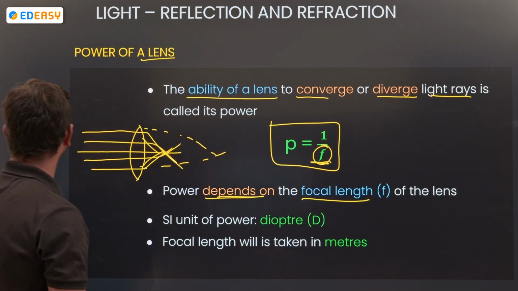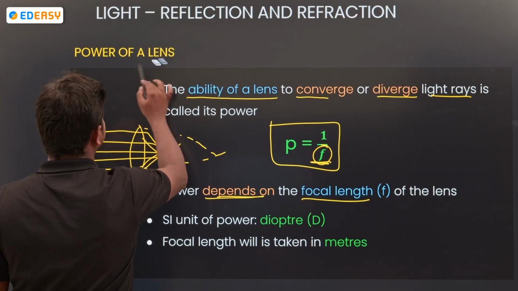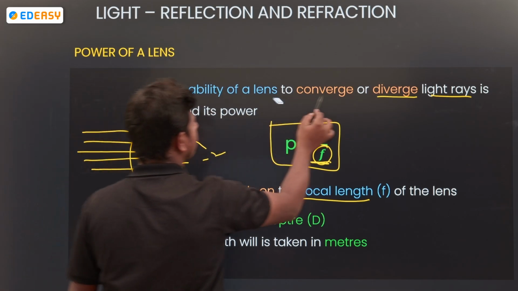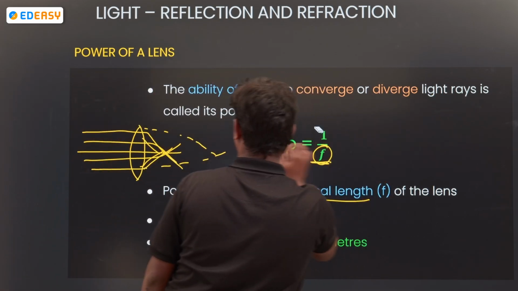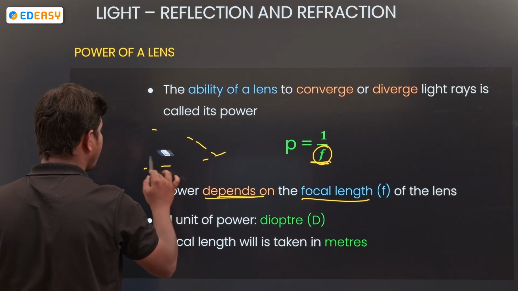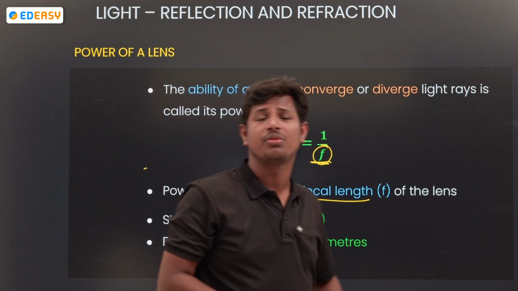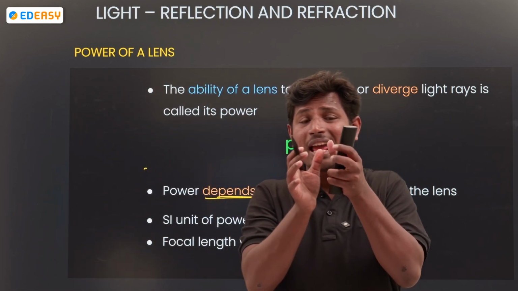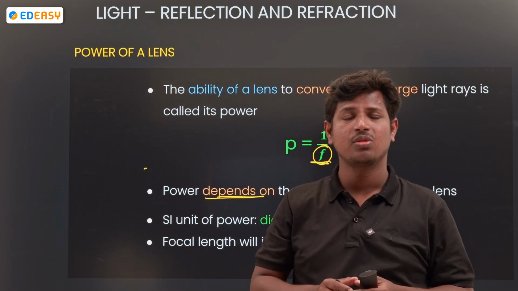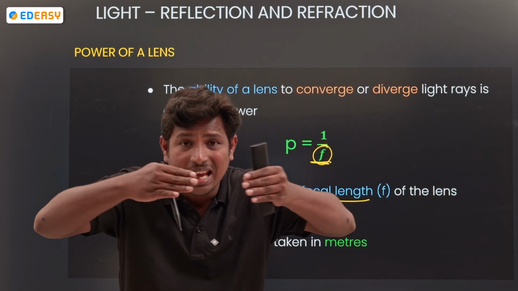Again, take the power of lens. What is meant by the power of a lens? What is the use of the power of a lens? If you're taking a lens, how do you calculate its power? First of all, power means how the lens combines or diverges light rays.